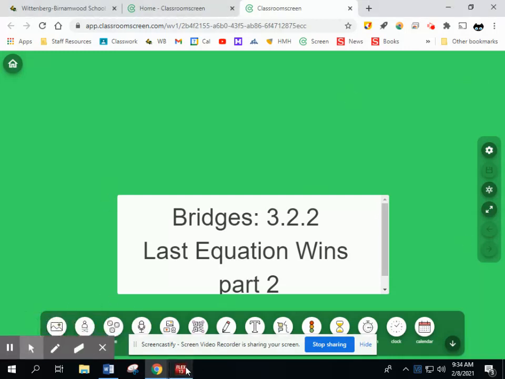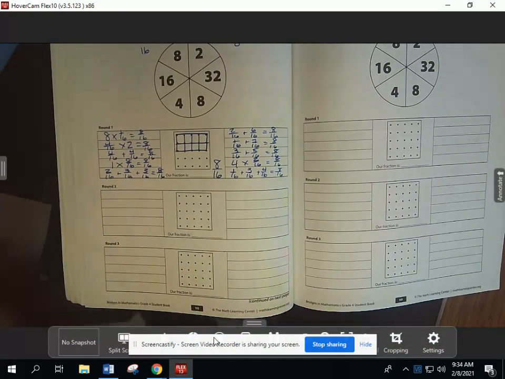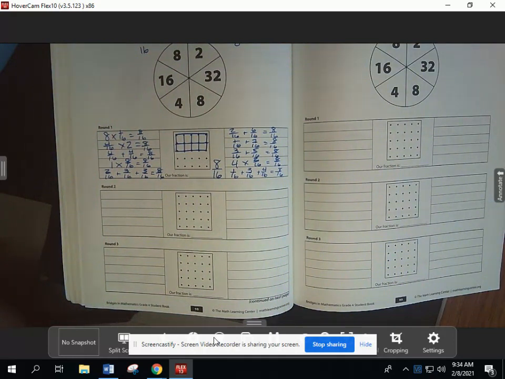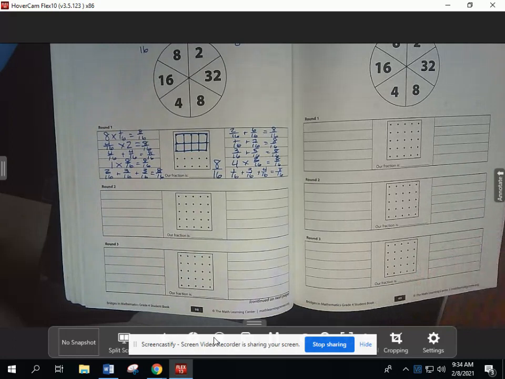Okay, we will go to our book. I am going to demonstrate this game again because it can be difficult for some students. Remember, I gave you a little blue piece of paper with all of the fraction pieces on it. So if you have that, you may want to get it out. It's a little blue square.